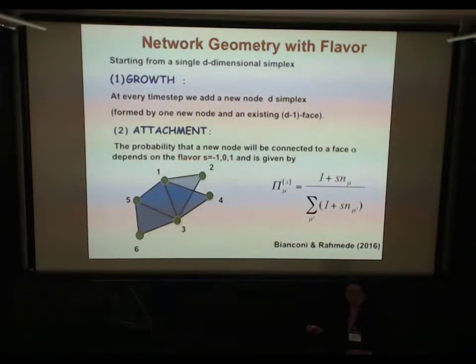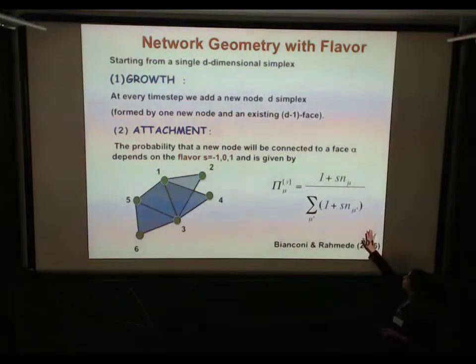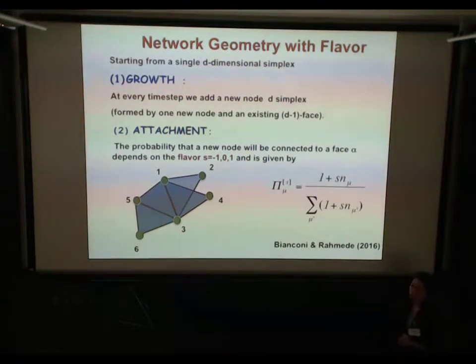The way in which we choose a link follows a rule that includes a parameter that we call flavor, s, which takes the value -1, 0, or 1. The probability of attaching a d-simplex to a face μ is proportional to 1 plus s n_μ, where n_μ is the incidence number of the face.